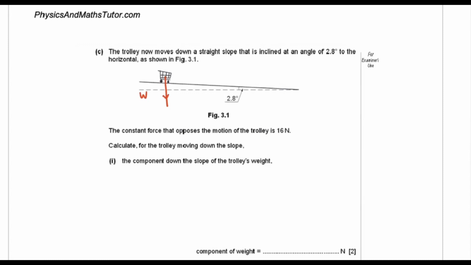And we put it in two components. One is parallel with the slope, another one is perpendicular with the slope. Or you can put it the other way. Normally, students will put it the other way.